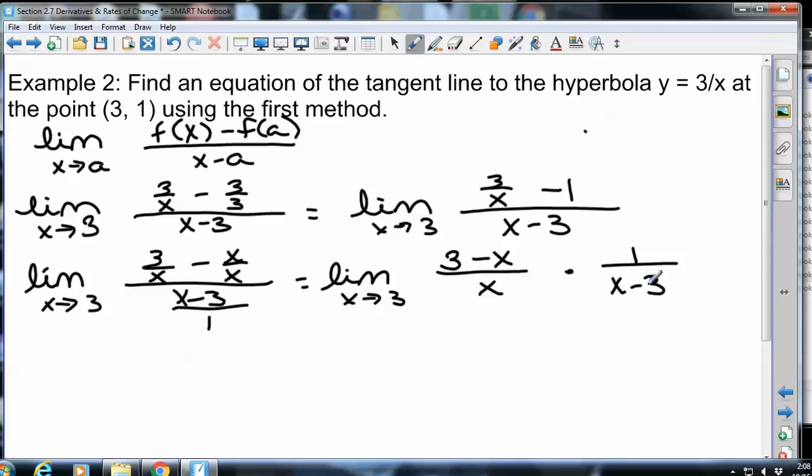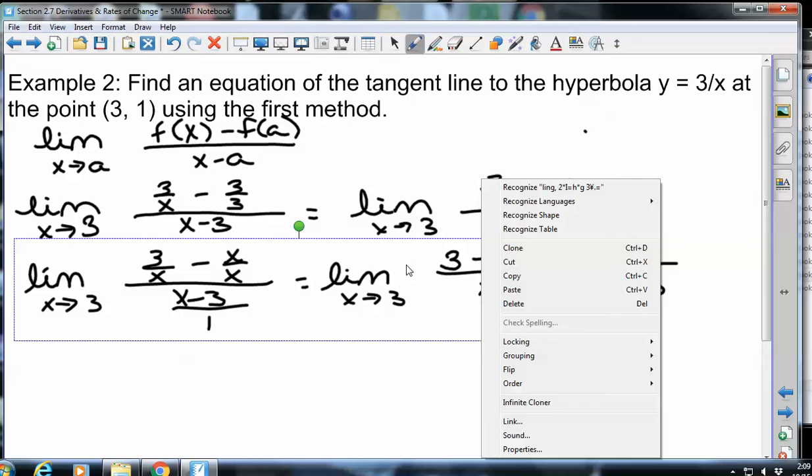Does anything cancel? I need that x minus 3 to cancel. Will it? Not quite. Is there a way to make it cancel? Multiply by -1.